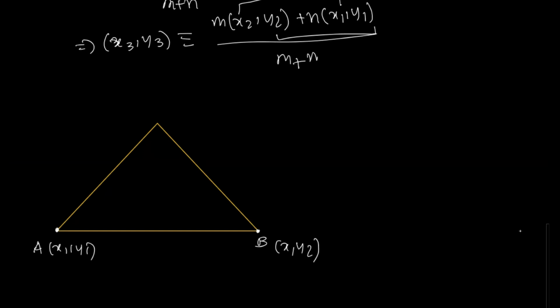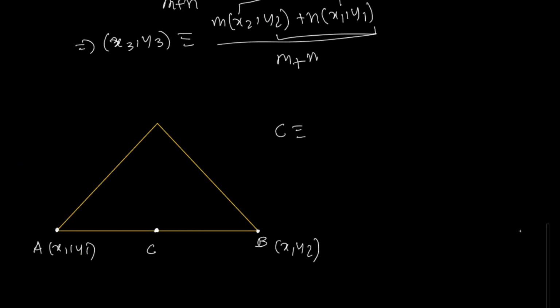There is a point in the middle. That is C, x3, y3. So what is the coordinate of C? Let the coordinate be not given. What is the coordinate? It should be like that.